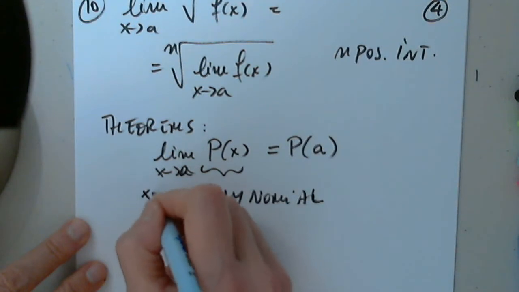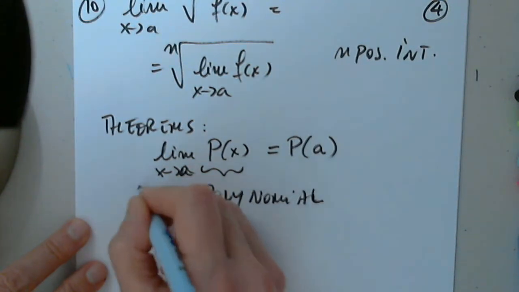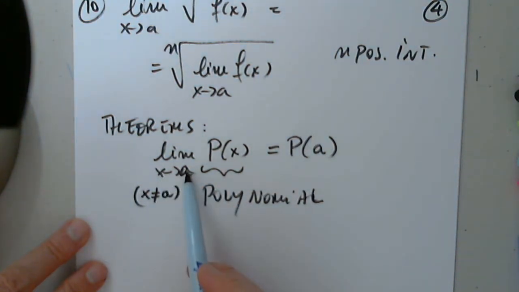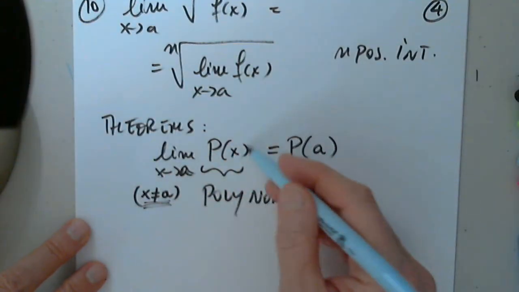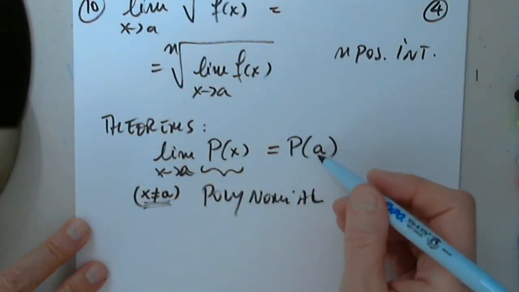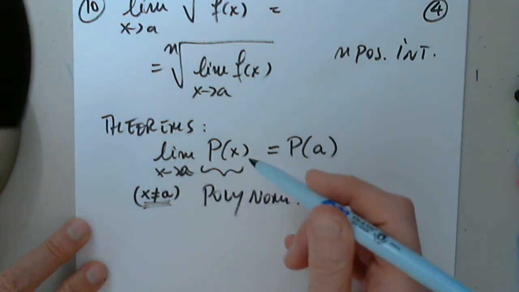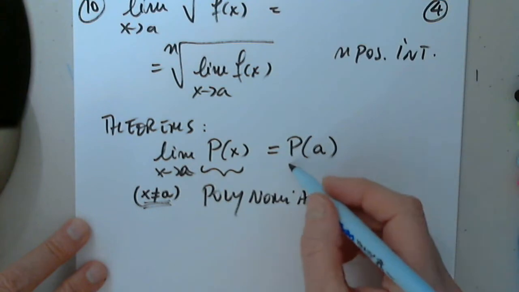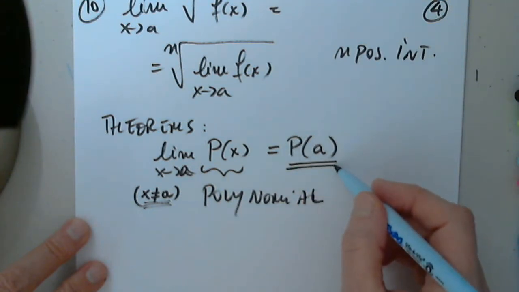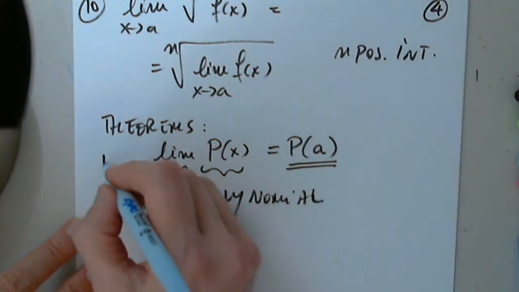Because I specifically said if we say x approaches A, that's what we mean, approaches A, which means x does not equal A. But here I am telling you to determine the limit of this function when x approaches A by simply plugging it in. It's because that's what the result would be. So this is one theorem.